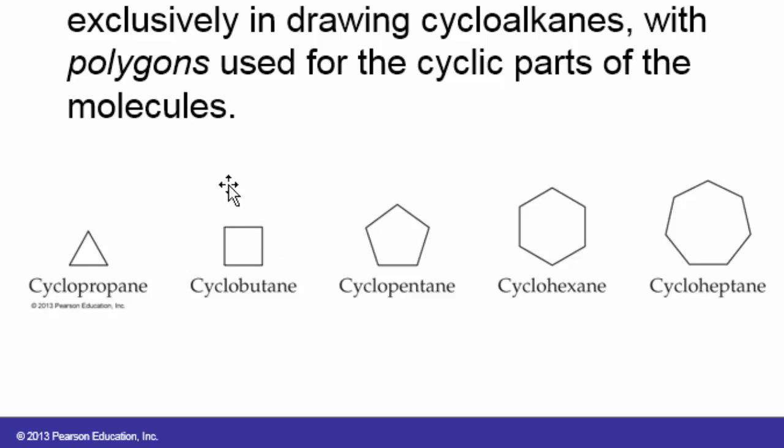So, cycloalkanes are named by putting the prefix cyclo in front of the parent name. For example, this consists of four carbons. Four carbons in alkanes is butane. But because it is cyclic, it's called cyclobutane, and so on.